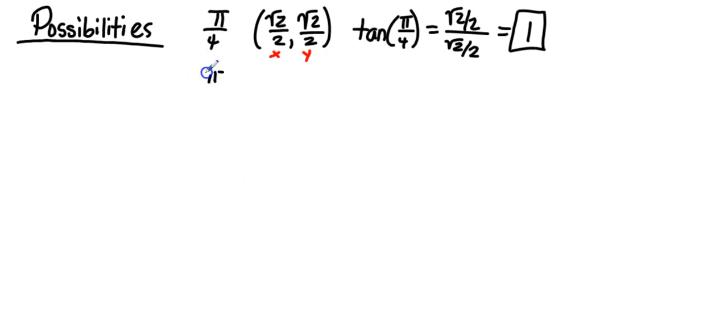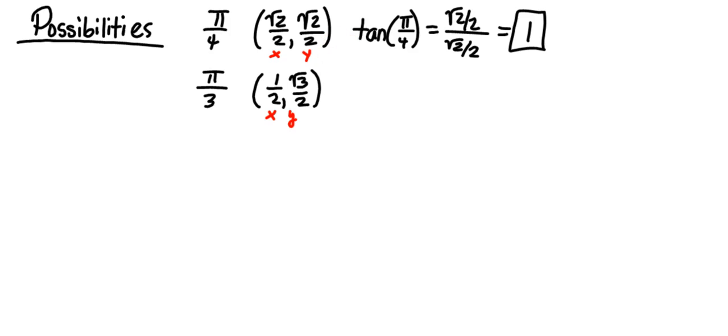Another possibility would be pi over 3. What ordered pair on the unit circle is connected to pi over 3? Think of the reference triangle that would be created if I sketched pi over 3. That would be a short x and a long y.